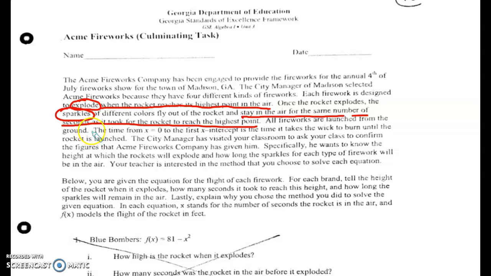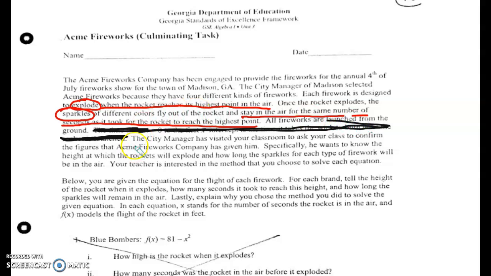This other stuff makes it complicated, so we're going to ignore it for our purposes. Just ignore all of this talking about the wick burning. We're not going to take that information into consideration for our very first problem talking about quadratics.